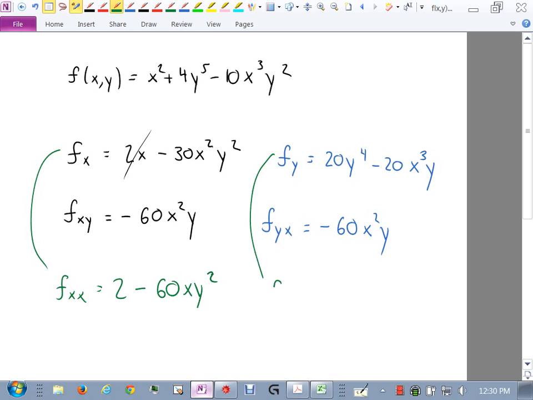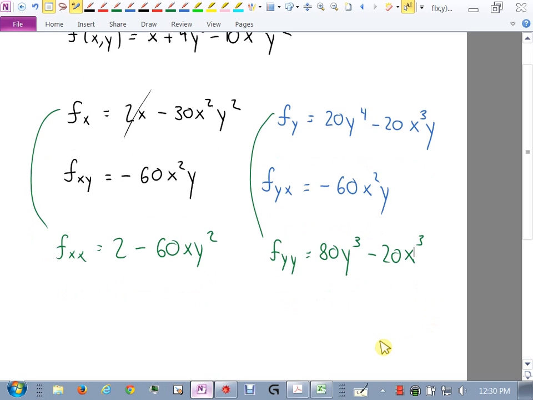And then fyy would be 80x cubed minus 20x cubed. So if you're kind of lost on those, go back and do them yourself. You should get those results. Questions?